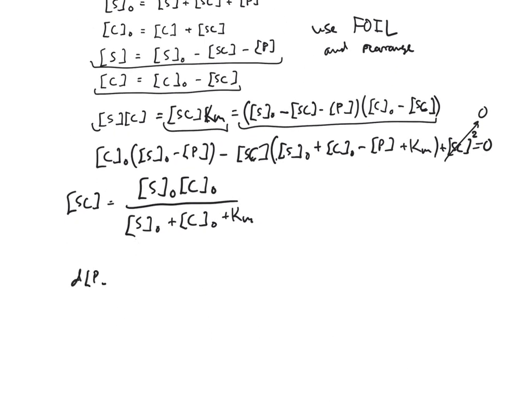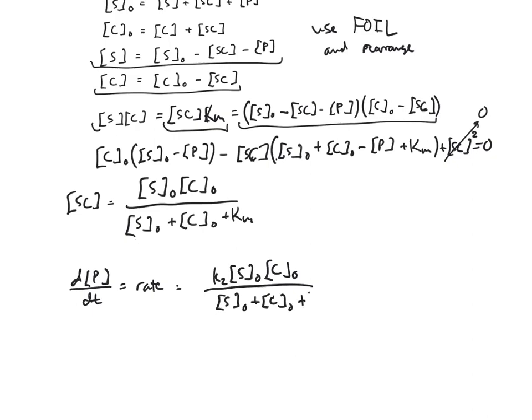This becomes the change in the product concentration with time, which is the rate, just equals K2, concentration of S starting, concentration of C starting, and just that whole expression plugged in there, like so, plus Km.